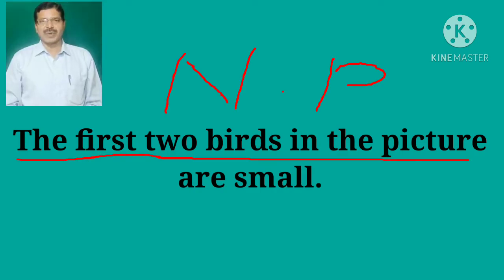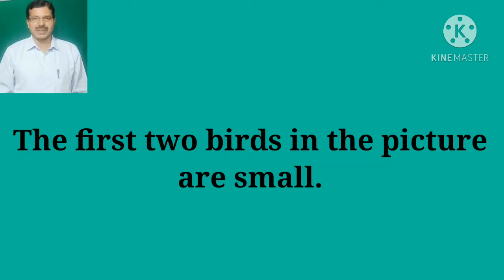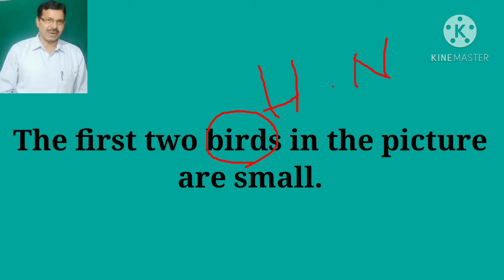In this noun phrase, you can easily say which word is the head word or head noun. As we discussed about the words, the word birds is head noun. Okay? And you can see some words after the head noun, some words before the head noun.